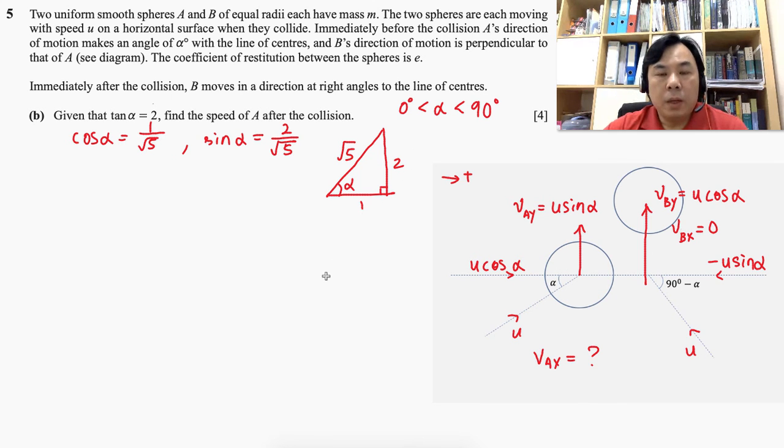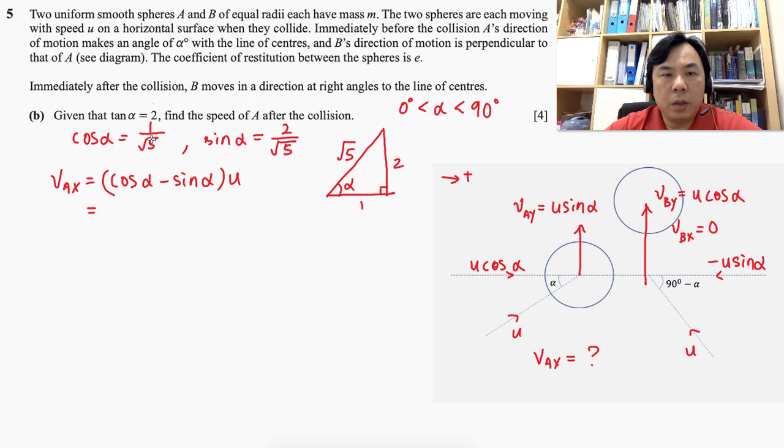From the previous sections, we found that Vx is cosine alpha minus sine alpha, times u.